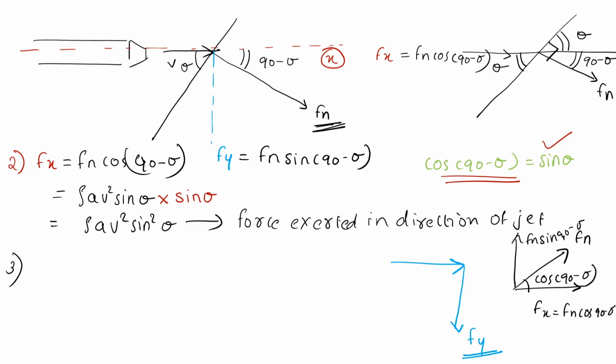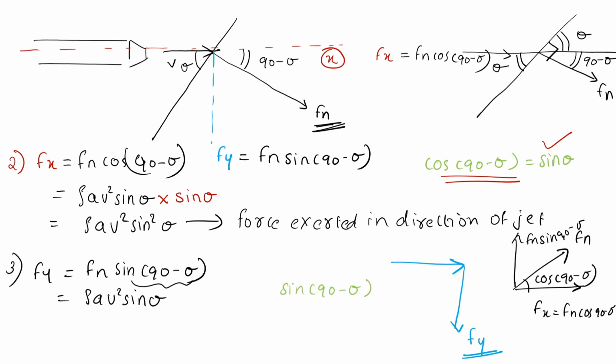So Fy equals Fn sin(90 minus theta), with Fn as rho a v square sin theta, and sin(90 minus theta) is cos theta.